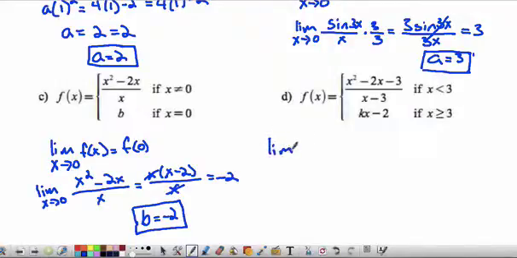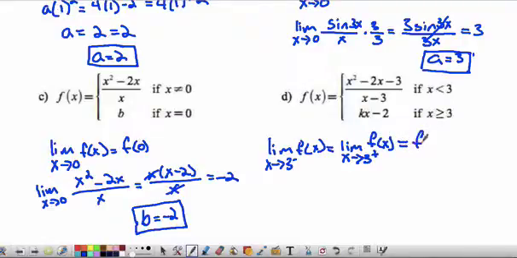Okay, here's one of those where we do know what's going on from the left and from the right. So we'll write it all out. Limit as x approaches 3 from the left of f of x has to be equal to the limit as x approaches 3 from the right of f of x, which must be equal to f of 3.